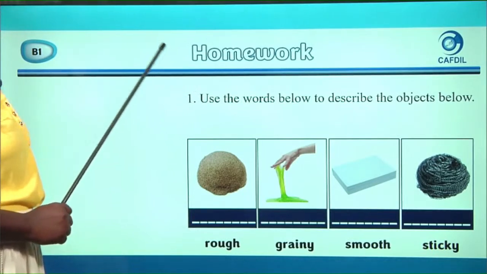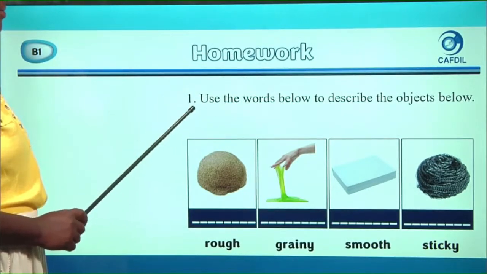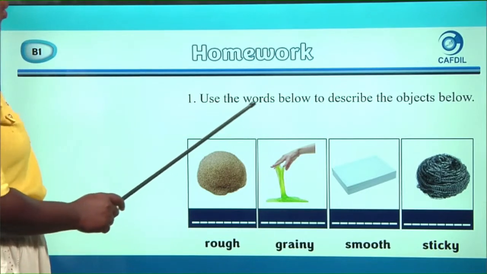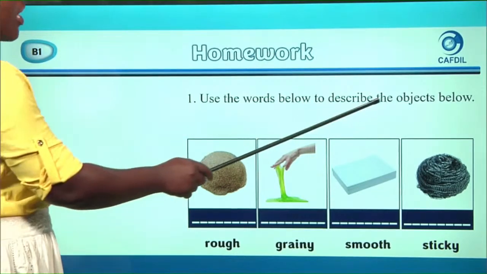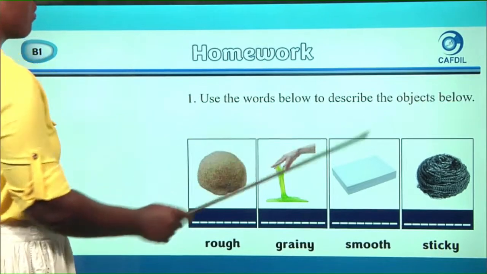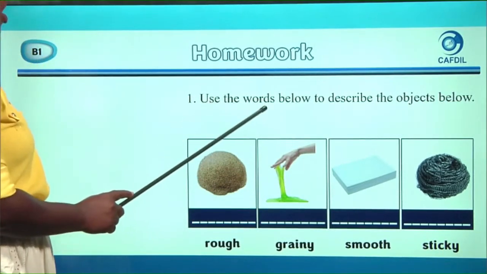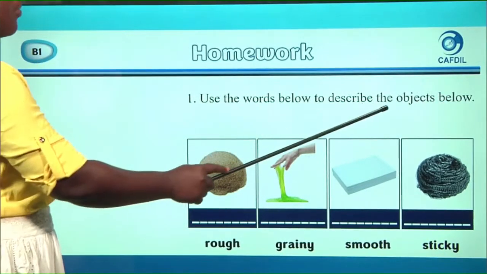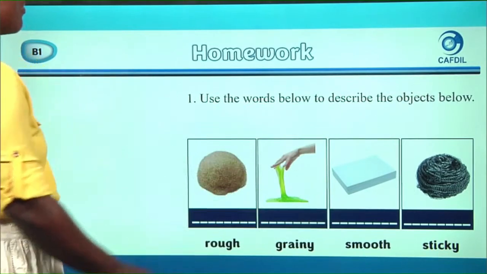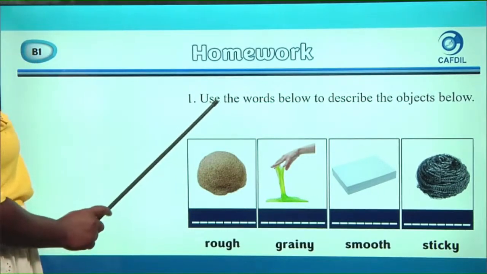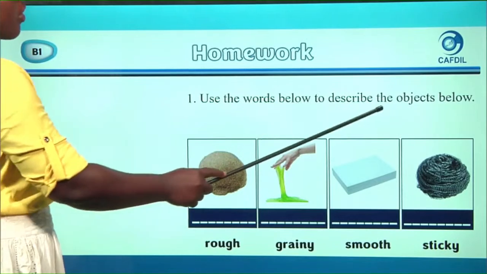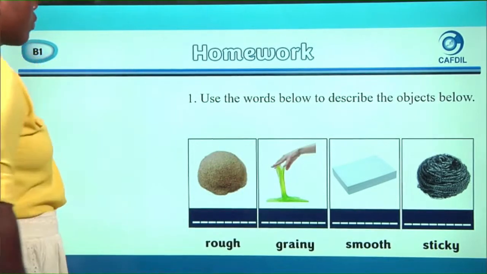So let's write down our homework. Use the words below to describe the objects below.